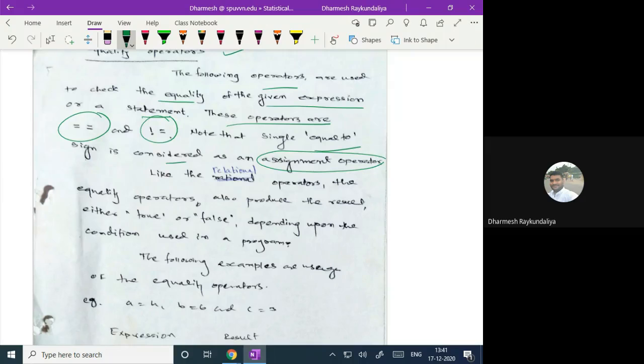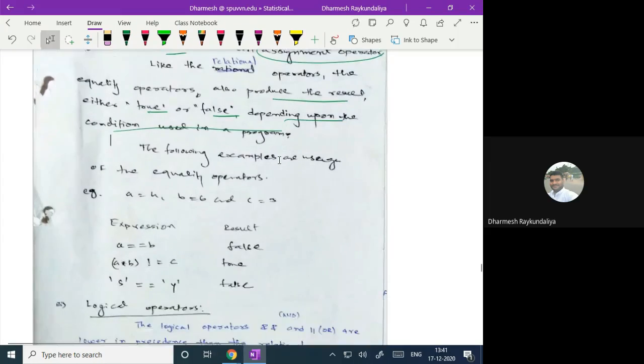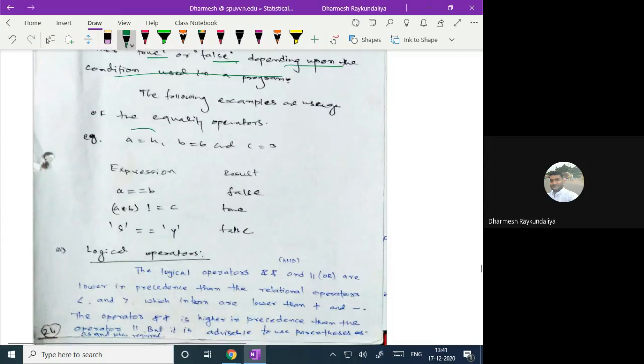Okay, anyhow. Like the relational operators, the equality operators produce the result either true or false, depending upon the condition used in the program. So let us understand with the following examples. Here a equal to 4 is given, b equal to 6 and c equal to 3.